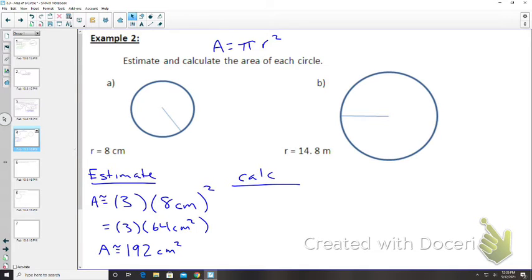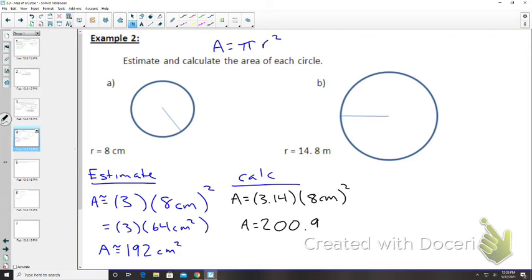Now for our calculation, we want to use 3.14 for pi, and our radius is 8 centimeters squared. Okay, so you punch this into your calculator, and we are going to get an area of 200.96 centimeters squared.